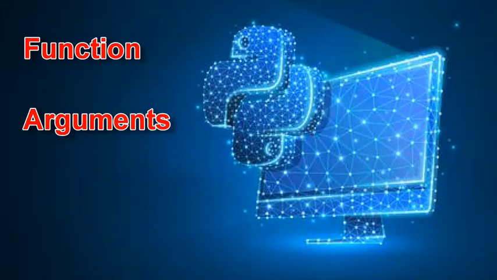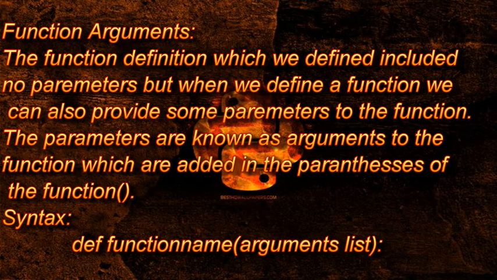The next part of functions is function arguments. Arguments basically mean adding something to the function, for example if you want to give some value to the function when it is called. The function definition we defined earlier included no parameters, but when we define a function with parameters, they are the arguments of the function.